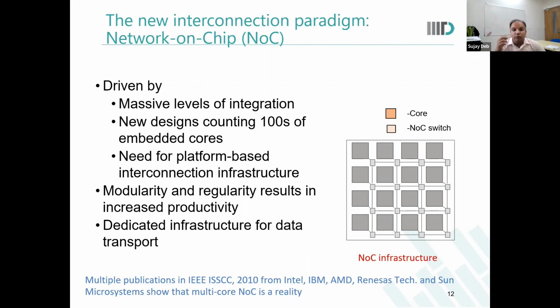By not scalable, I mean it's a shared resource. So if one peripheral and the CPU, or let's say two peripherals, want to use the bus, then nobody else can use the bus. It was okay for small systems where there was one CPU, one memory, some peripherals. But when you have multiple CPUs, let's say a 16-core CPU as in this example, the bus is not a scalable solution.